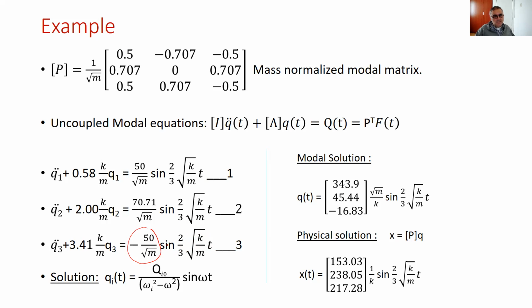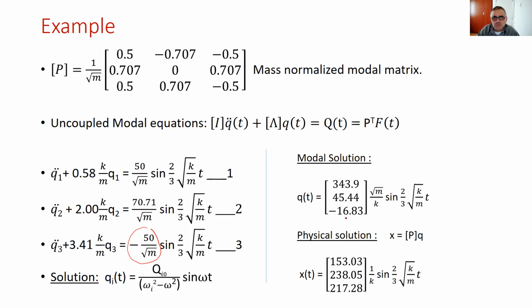Once you obtain the solution to each of these, you can get the modal solution. I won't go into details, but the modal solution can be obtained as you see here.